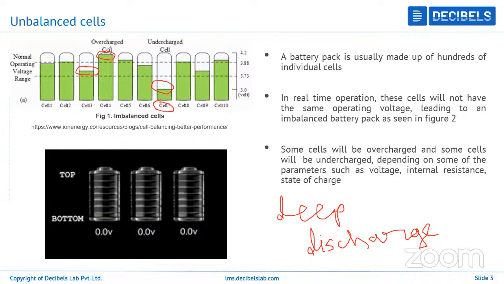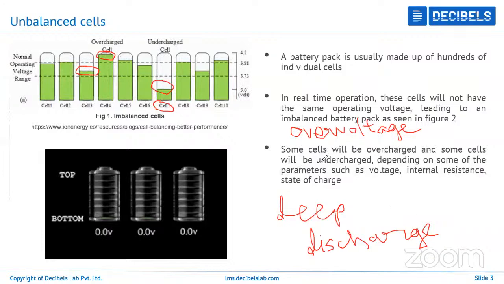You can see here an overcharged cell. Similar to a discharge situation, if a cell reaches dangerously high voltage levels, it can start entering something called over voltage. Similar to deep discharge, we also have over voltage, which is basically crossing the upper safety voltage limit in terms of charging.